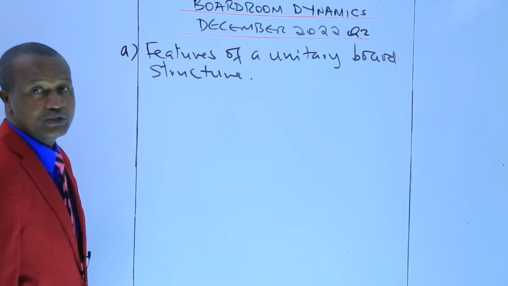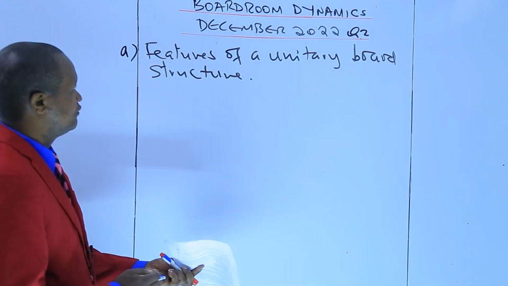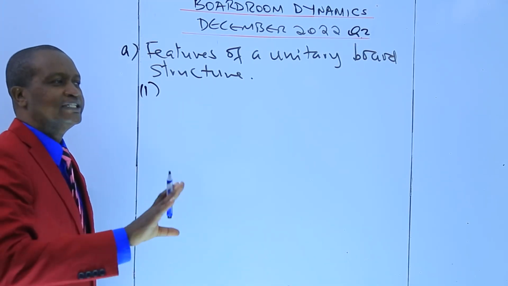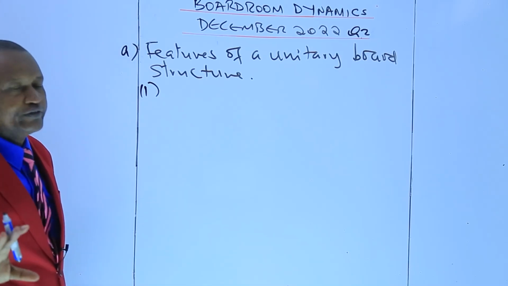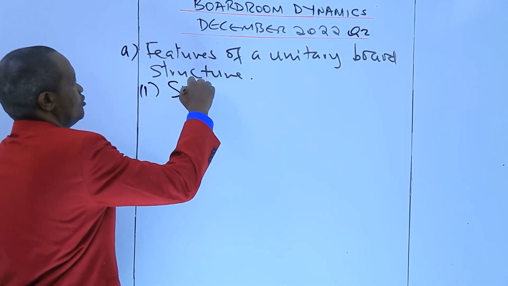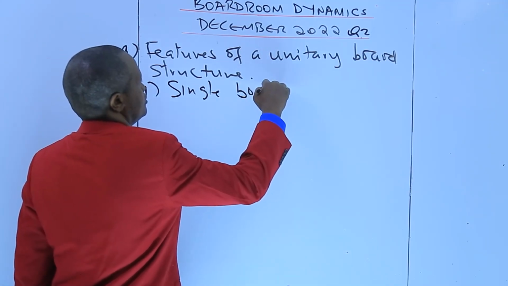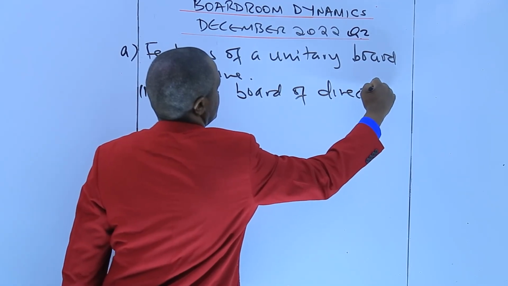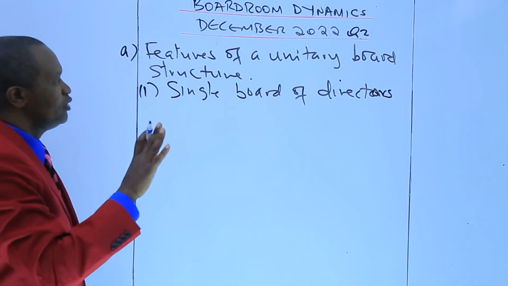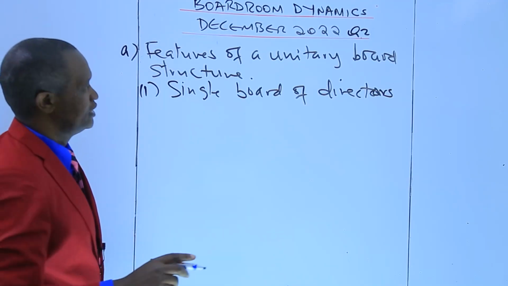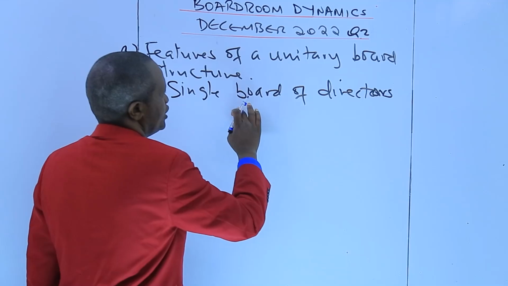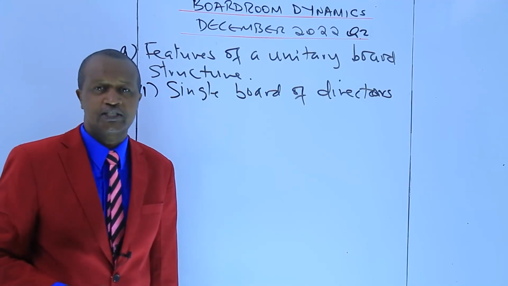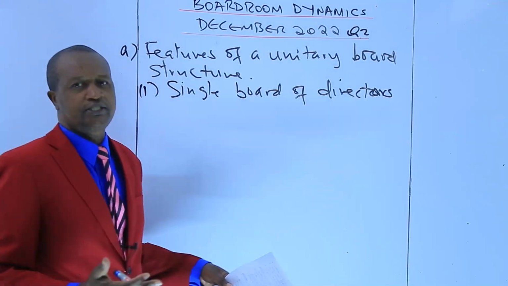One feature here is that a unitary board structure is a single board of directors, meaning there is only one board, as opposed to a two-tier board structure where there are 2 boards.